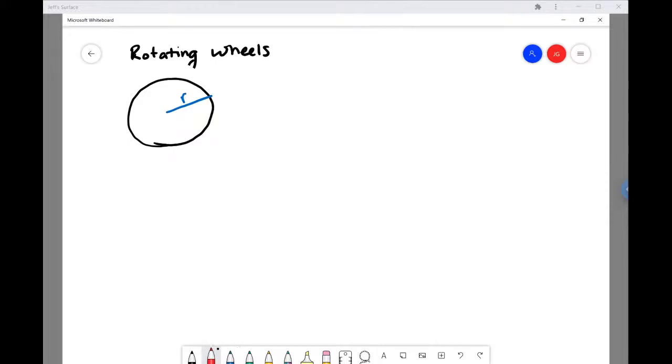If a wheel is rotating, say it's rotating in this direction, clockwise, it's going to be moving in this direction. It's going to have a velocity or a speed, a linear speed. So as the wheel rotates, it's moving down the road.